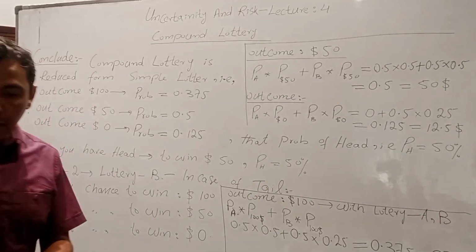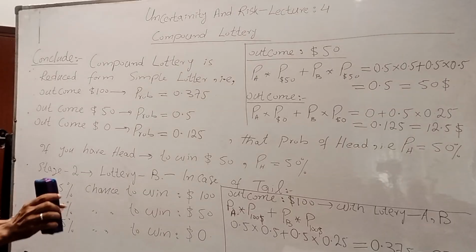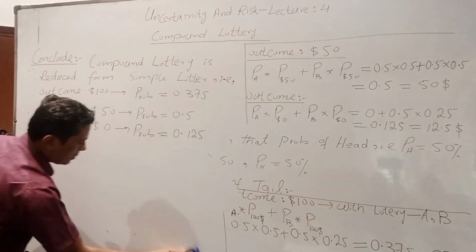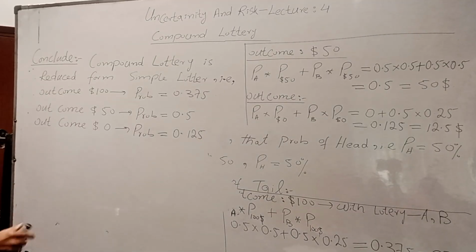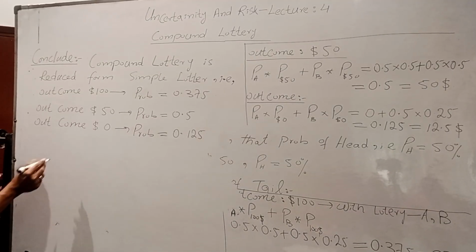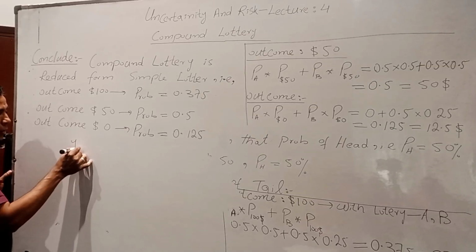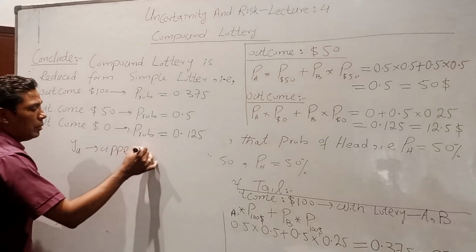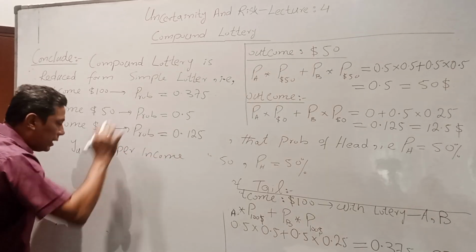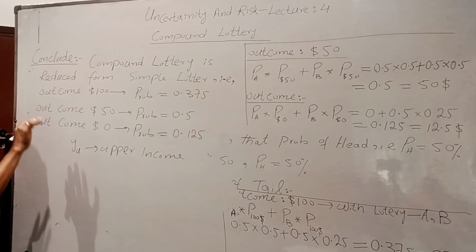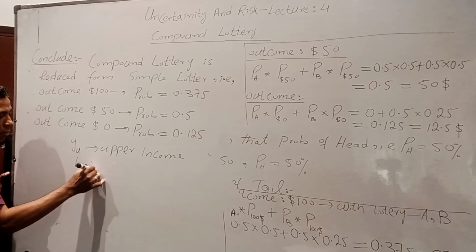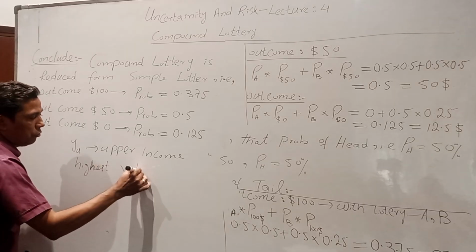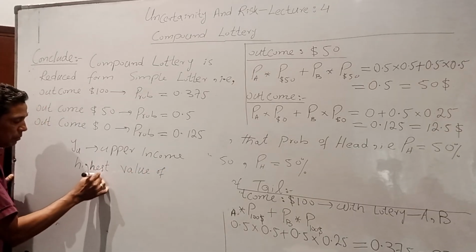Clear? If you recall, in the equivalence prospect we discussed that there is one possibility or probability, for example, for the upper income or highest level of outcome.